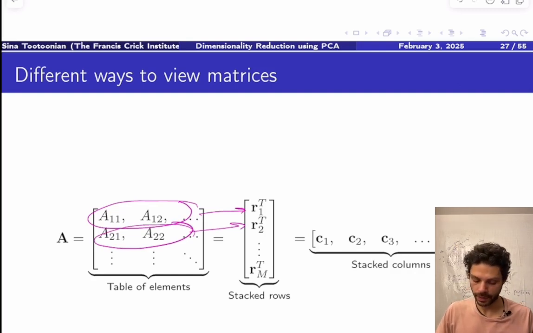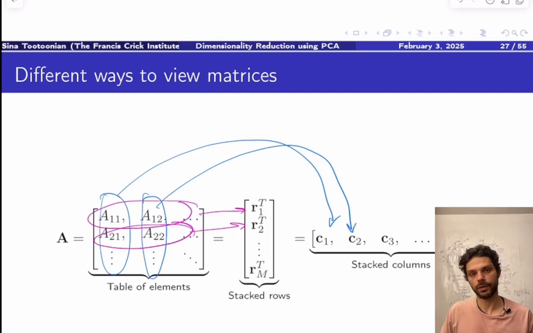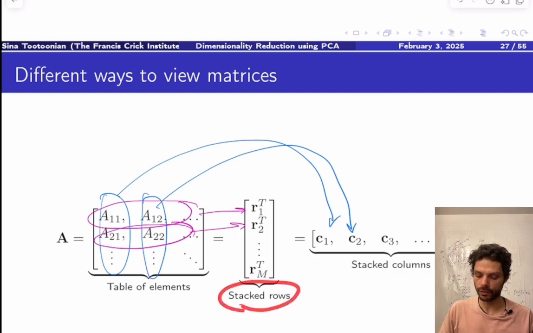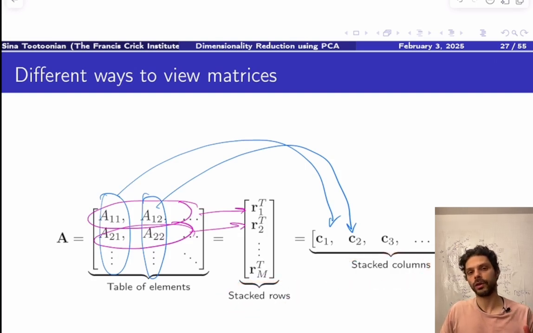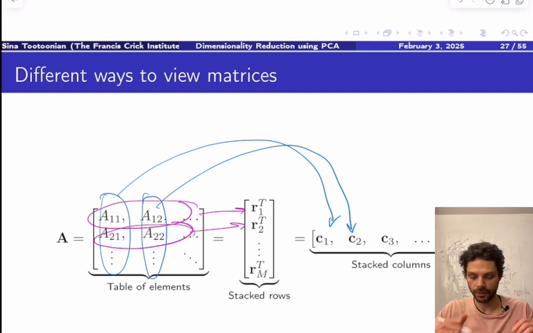You can also think about it as stacked columns, taking this, that's there, taking this, that's there, and so on. So three different ways. We're going to find that both of these ways are very useful for describing what SVD does, and then from that, being able to do PCA and reading out the answers we need.